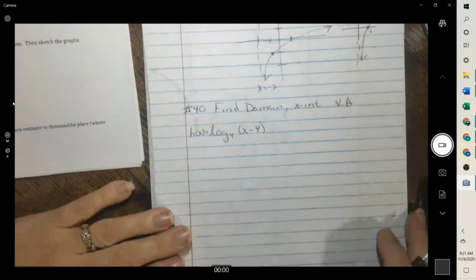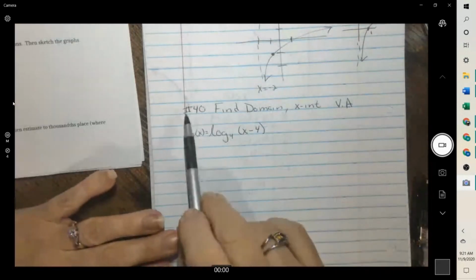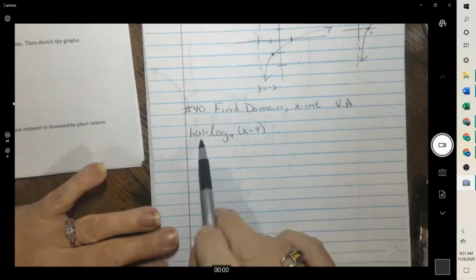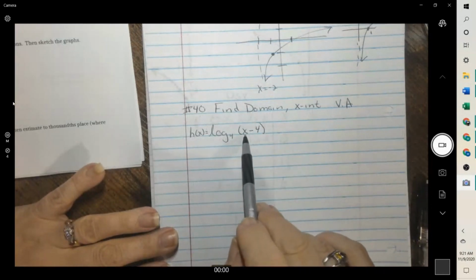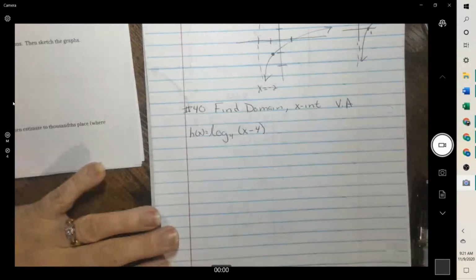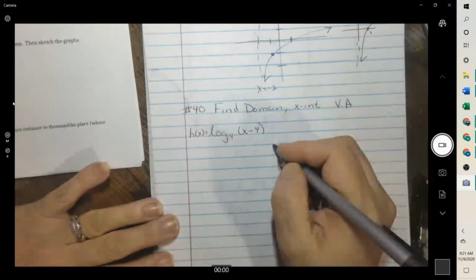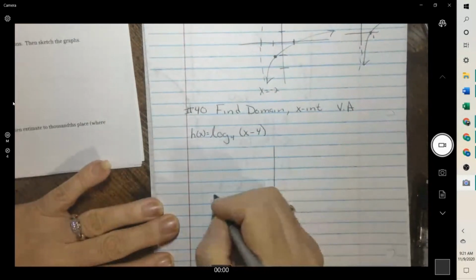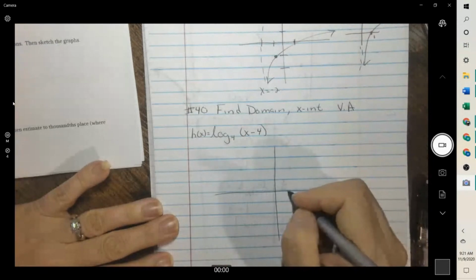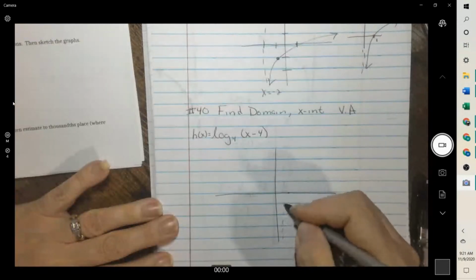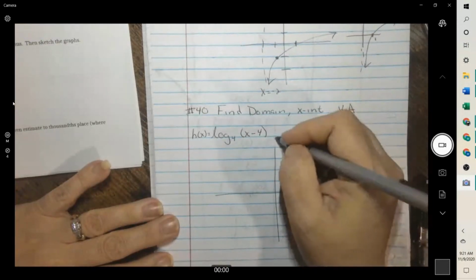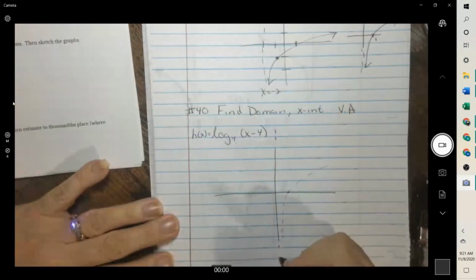Okay. On the problems from the review sheet, it's number 40. Log base 4 of x minus 4. So we know our basic graph starts at 1 and looks like this. There's an asymptote here.